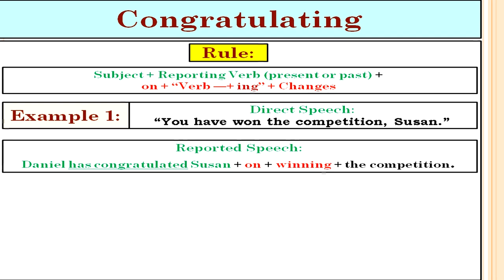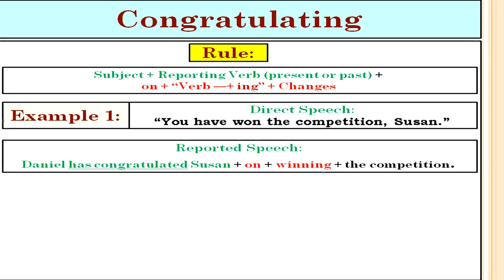Because we have CVC, or consonant, vowel, consonant. And then we add ing and we finish the sentence, the competition. For the word Suzanne, we don't need to write it because it is already mentioned in the beginning of the sentence, Daniel has congratulated Suzanne. Okay, so we don't need to repeat it.